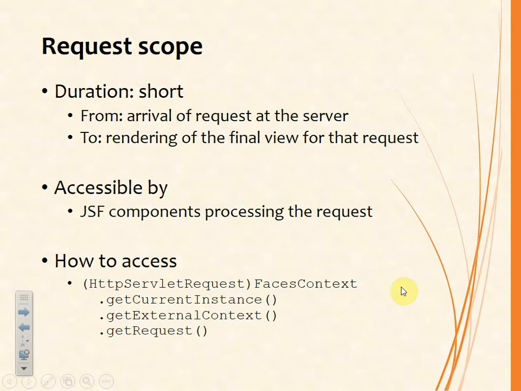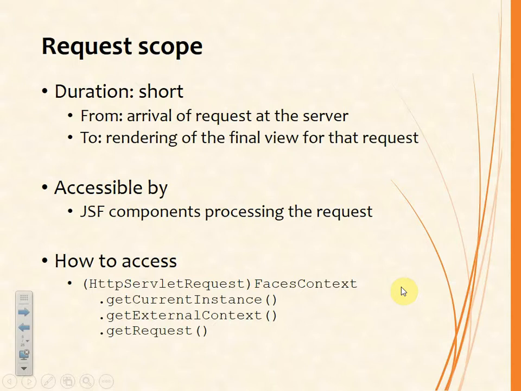So a request scope has a short duration, by which we mean it will begin when the request arrives from the client. As part of setting up the request within the JSF container, there will be an object called request that is set up as well. Now, when we're using servlets, we actually see that request as a parameter on method calls.